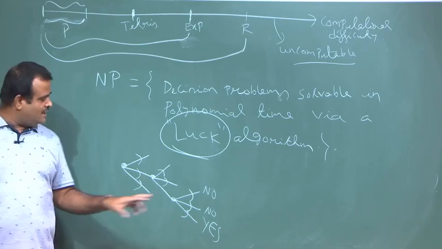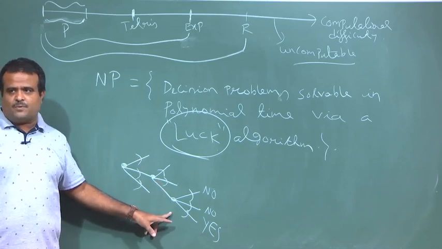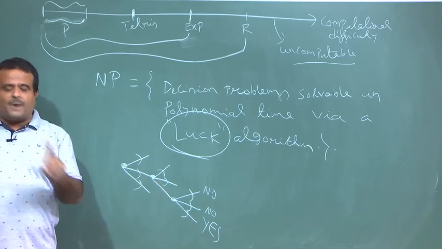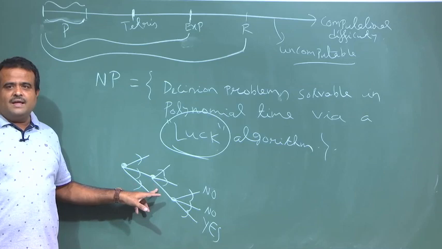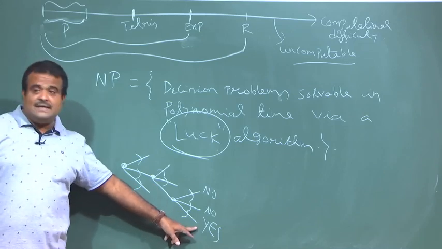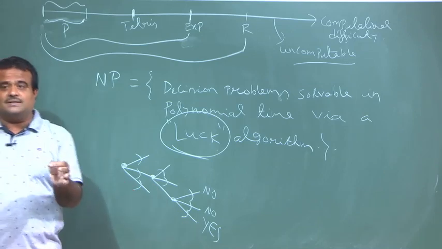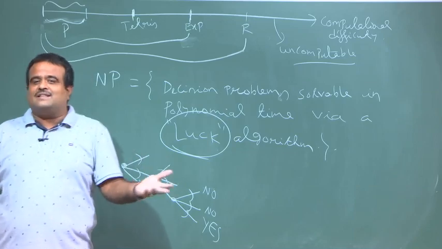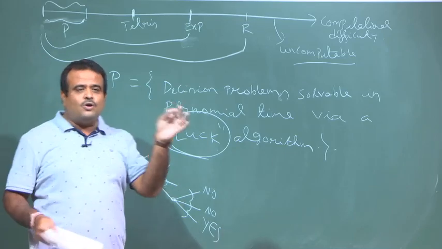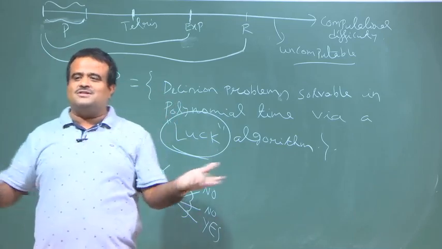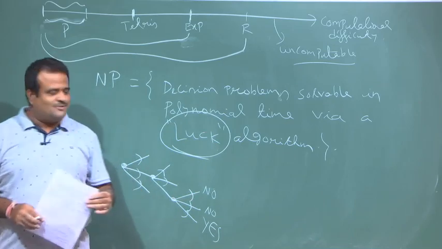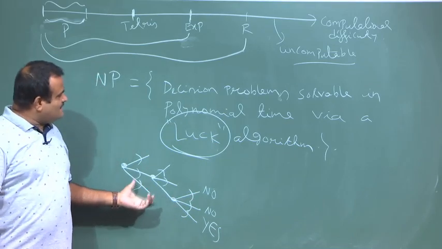We will not explore all the paths like in dynamic programming, we will choose one path at each time, and that will lead to the yes. By magic we will always get the lucky choice. This is a fairy magic, you can say. That is the lucky algorithm.